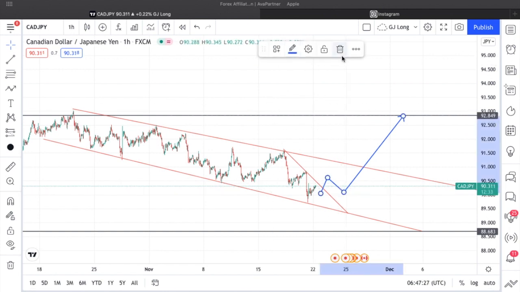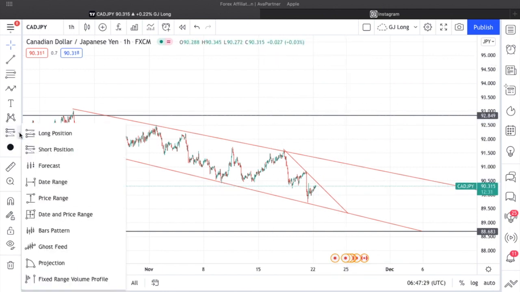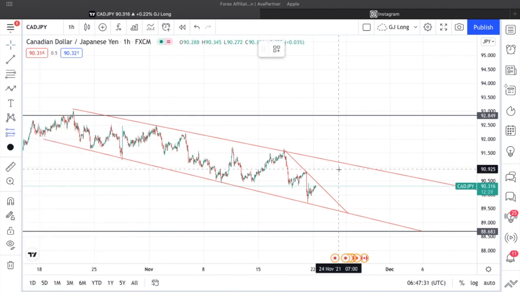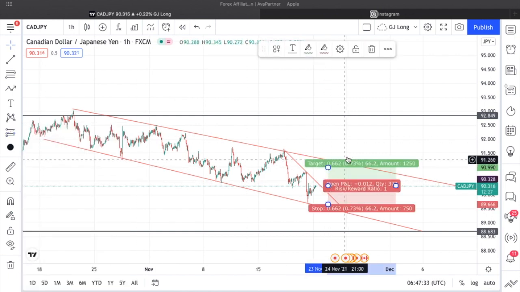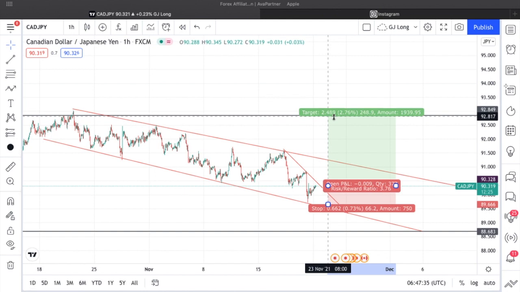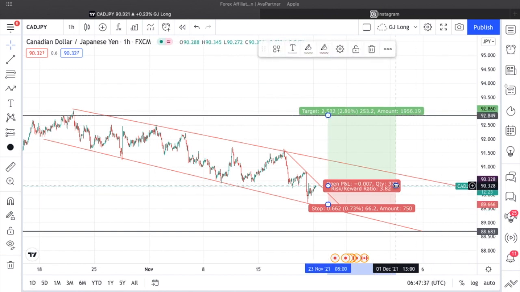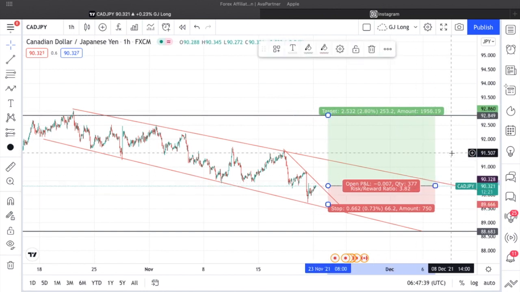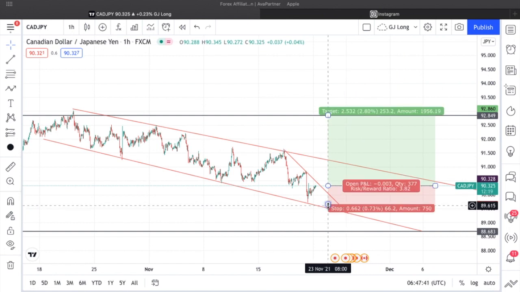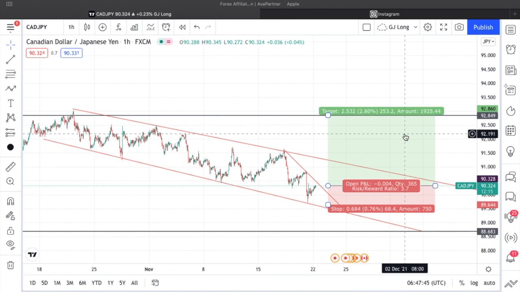So here we wait for the breakout to happen, then we can take our trade, take our targets all the way up to 92849. Then as you can see, our risk reward makes sense. It is just over 3:1.